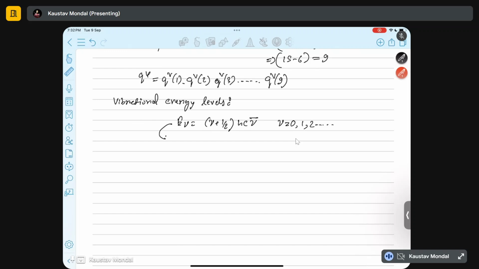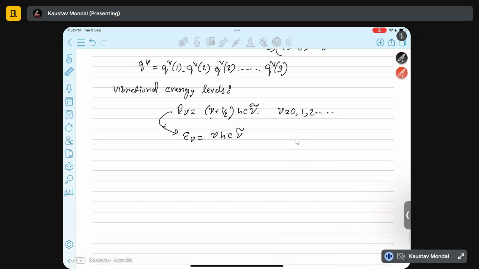To avoid that, we can include the zero-point energy in the expression of the energy, so the modified energy levels are epsilon_nu equal to nu h c nu tilde. Nu tilde is basically the frequency, and nu is the energy level.